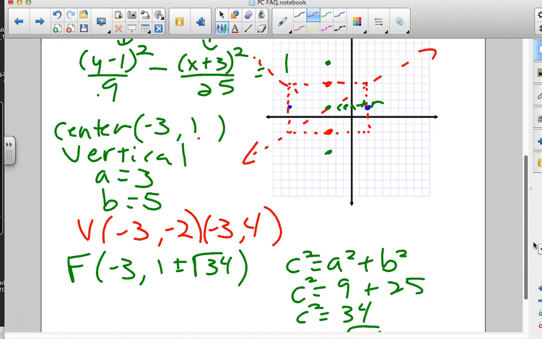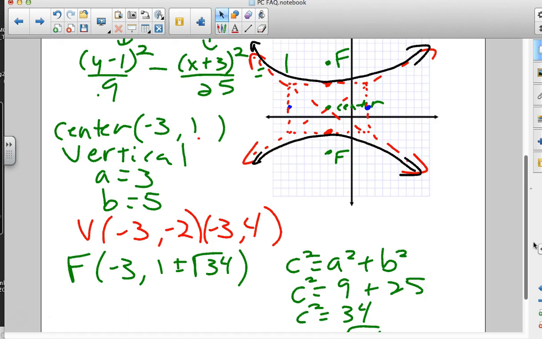And hyperbolas wrap around these foci. Beautiful. So there we have it.